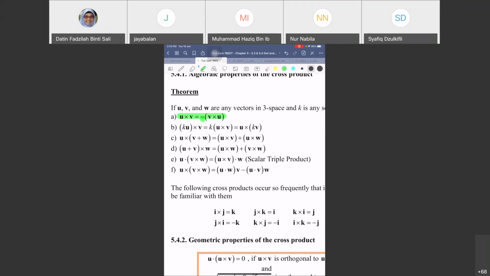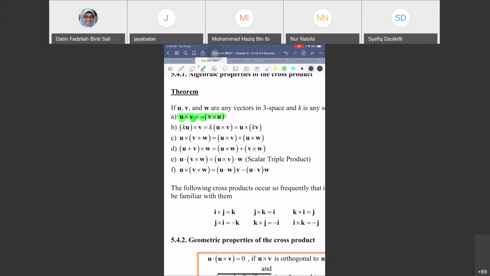So if a question asks you to find u cross v, basically, if I can show you, because you are not physically in class, if we were face to face, I will show you how we do the cross product from two pens. Let's say the first one here is the vector u, and this is vector v, another one.